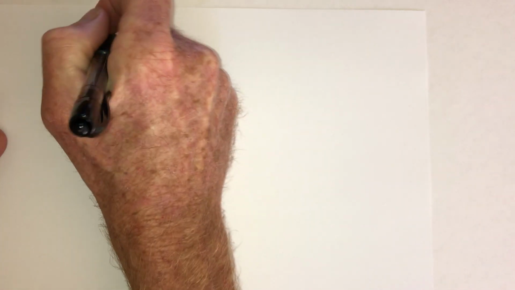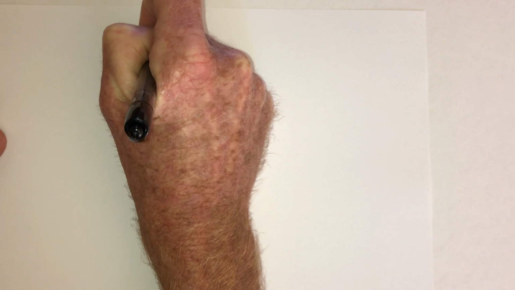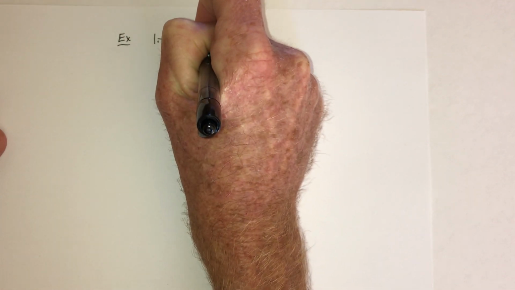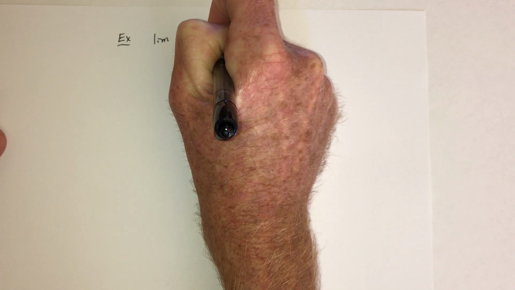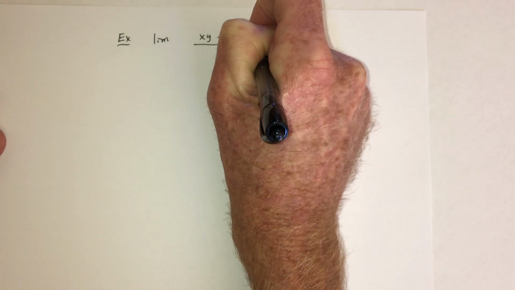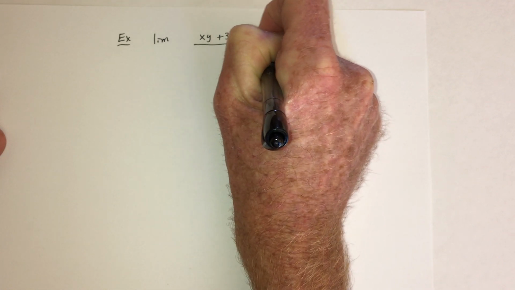Now let's look at some Math 3C limits. Well, of course, we're going to have more than just one variable. So what's the limit? And it's going to be xy plus 3y minus 5x minus 15 for the numerator.